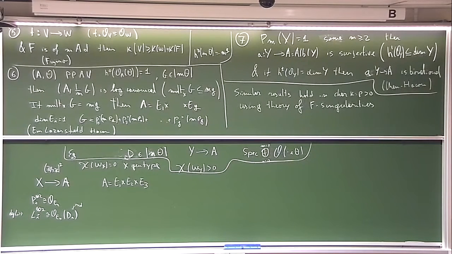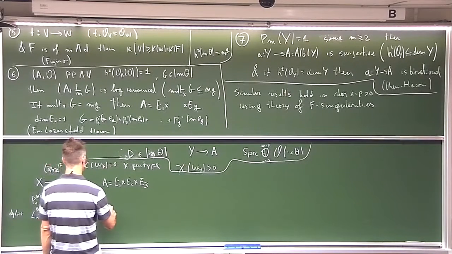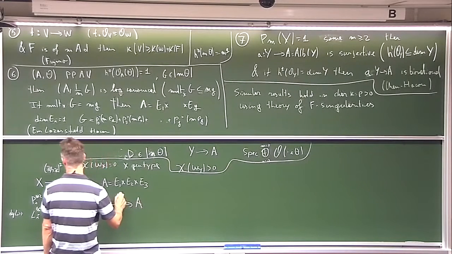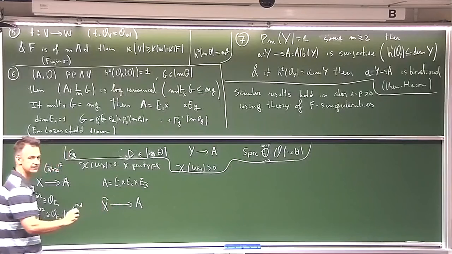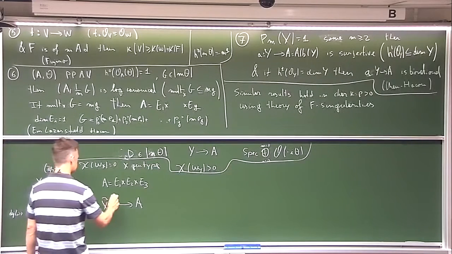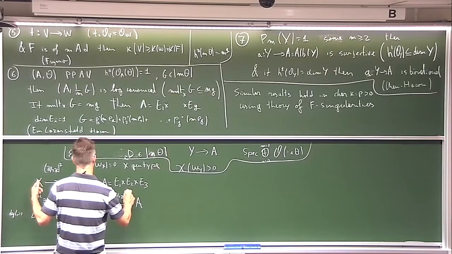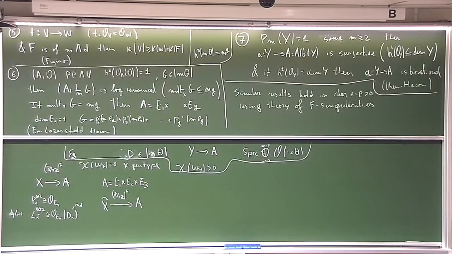Now I can use this data. I get some cover, let's call it X tilde, to A of degree, I'm going to get the degree wrong, 4 cubed, so a (Z/2Z) to the 6 cover, right?